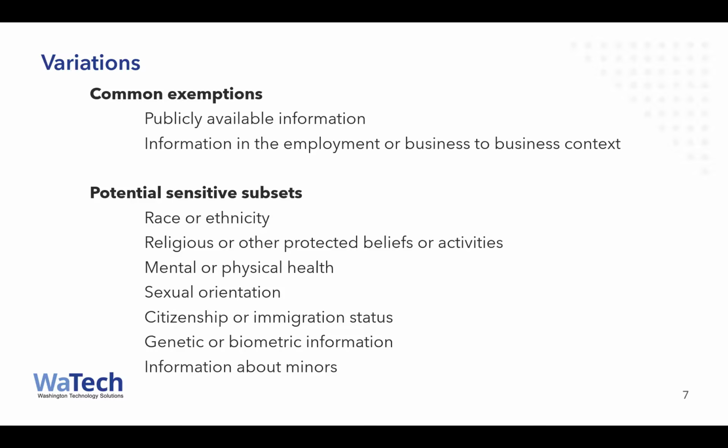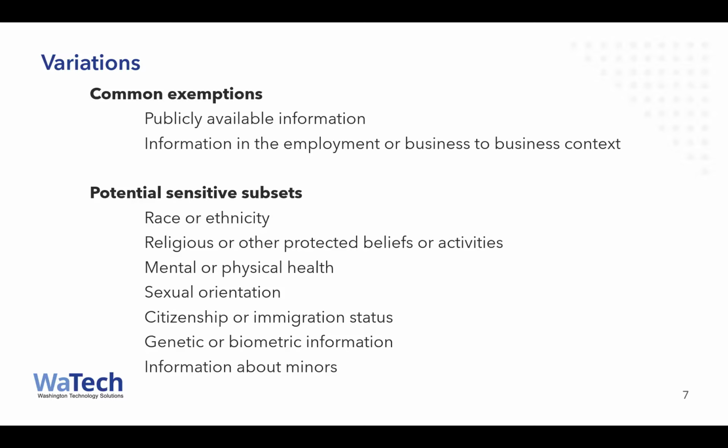You could also put in there things like gender affirming care. We also see citizenship or immigration status, genetic or biometric information. We've had other webinars here where we talk about some of the particular Washington requirements around biometrics. And then also children or information about children is also called out in an area that often has its own requirements that apply.